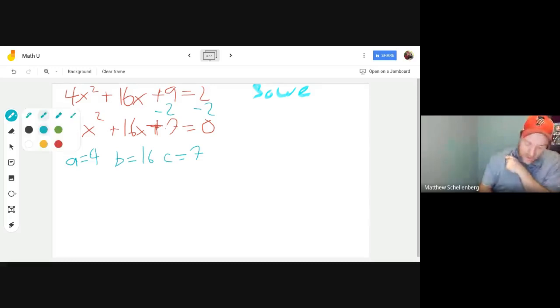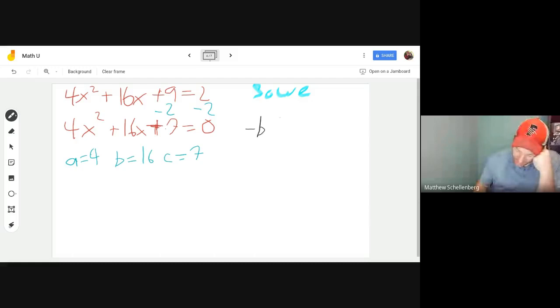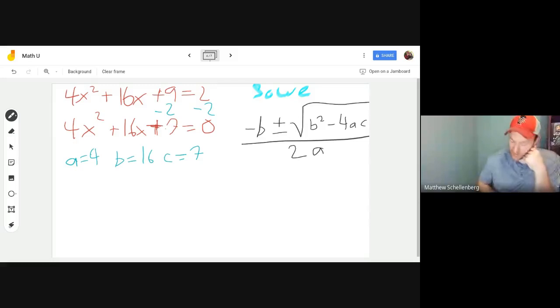So to plug it into the quadratic formula, well, what is the quadratic formula? Well, that is minus b plus or minus the square root of b squared minus 4ac, all over 2a. Okay, let's plug it in.